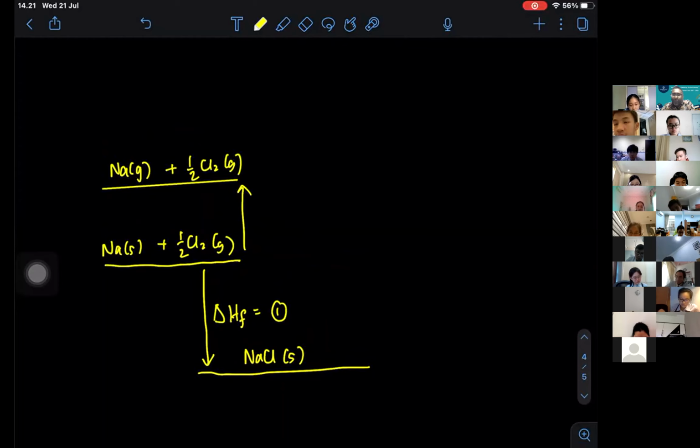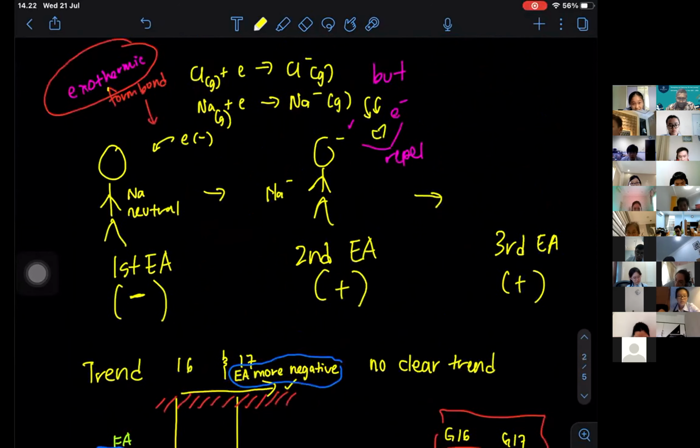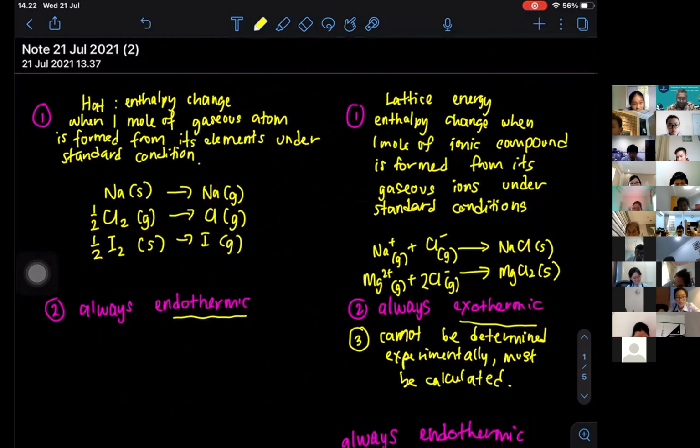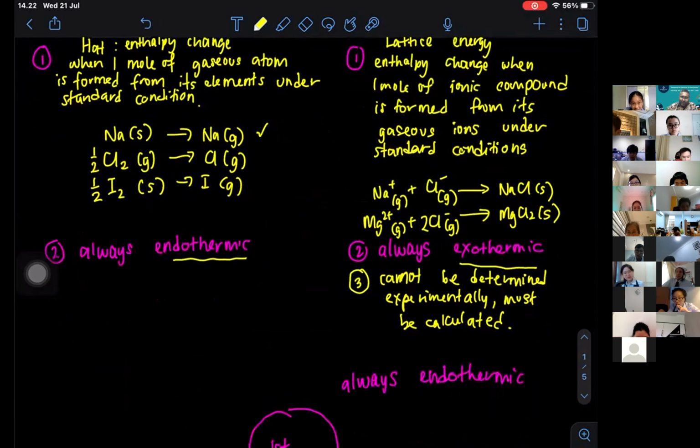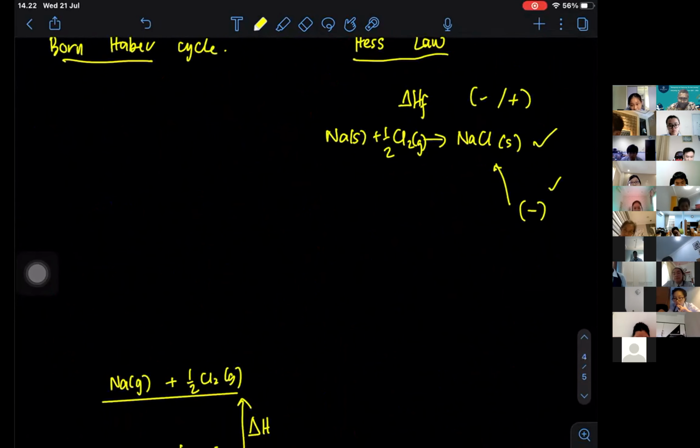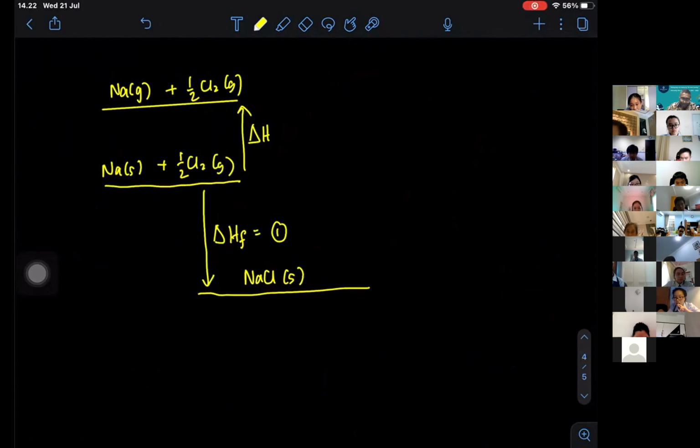This is the enthalpy of what, Kiera? Atomization. Yes. So this is going to be the enthalpy of atomization of Na.